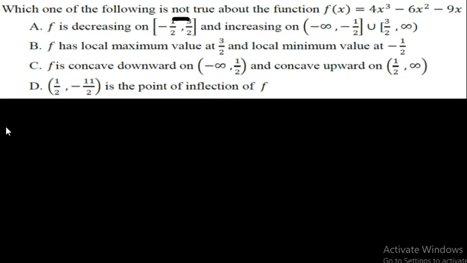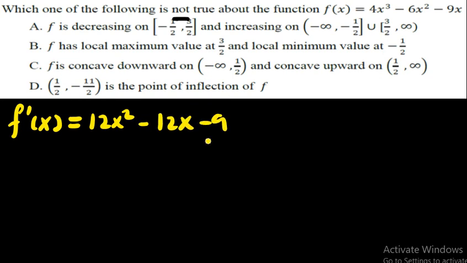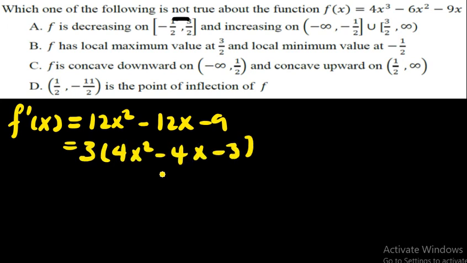So when we try to derive the function, let us derive it together. F derivative of x will be 12x squared minus 12x minus 9. Then let us factorize. First of all, take out 3 common, then 4x squared minus 4x minus 3.